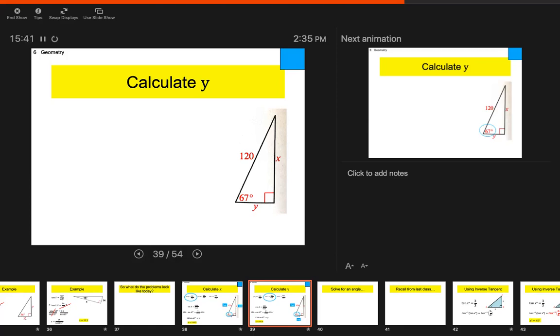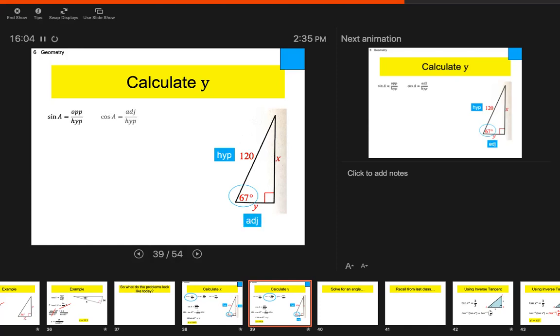So if I force you to use 120, which trig ratio would that be? That would be cosine. Now, if you used x, being 110.5, it would be tangent. And nothing wrong with that. I would never count you wrong on a test, but I probably would use the 120 because it's not a rounded number.